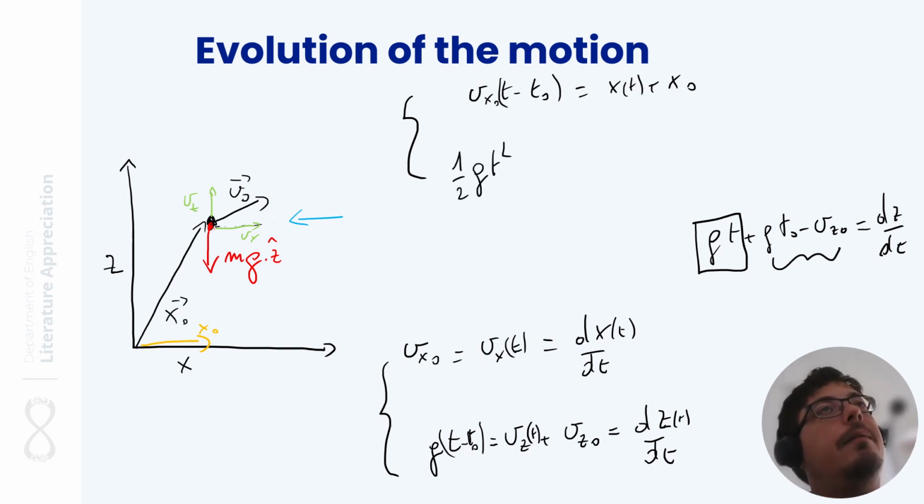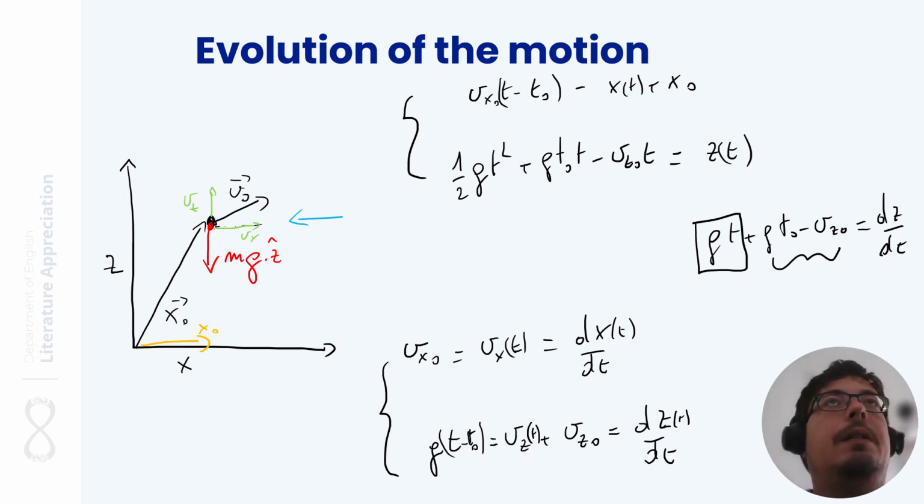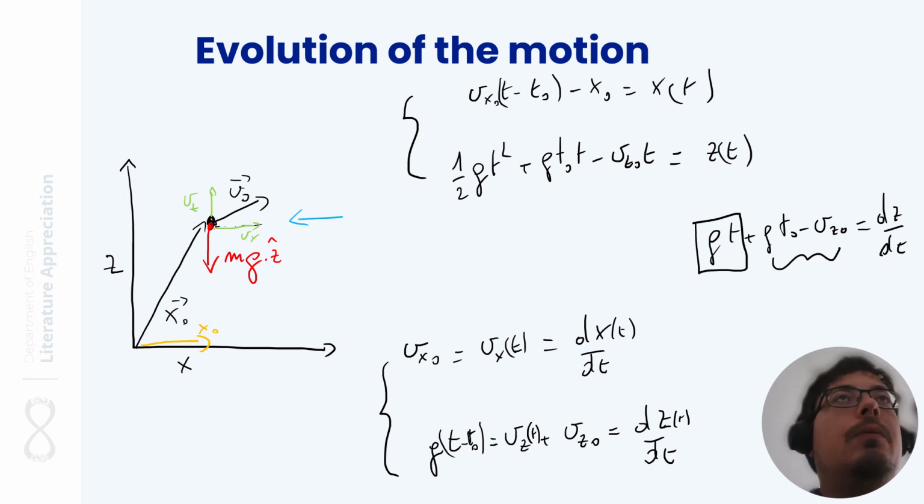So g t squared plus g t0 t minus vz0 t is equal to z(t). Okay, and actually we can write this like so, minus x0, x(t). Okay, so this is the bit that we want to highlight, this bit here.